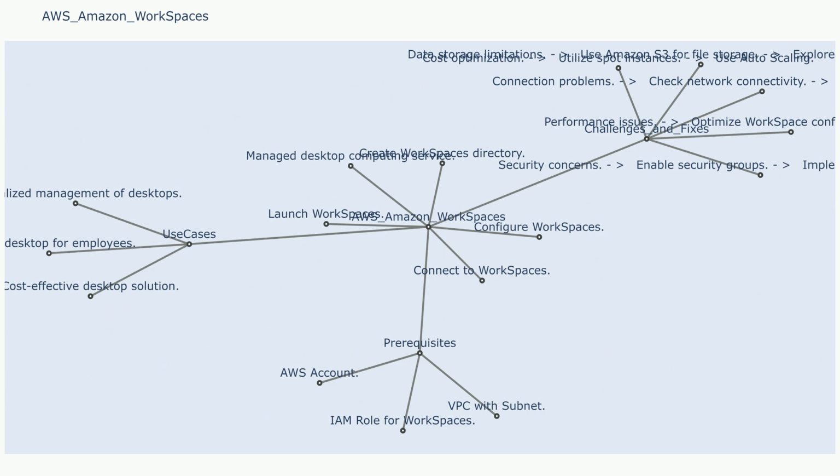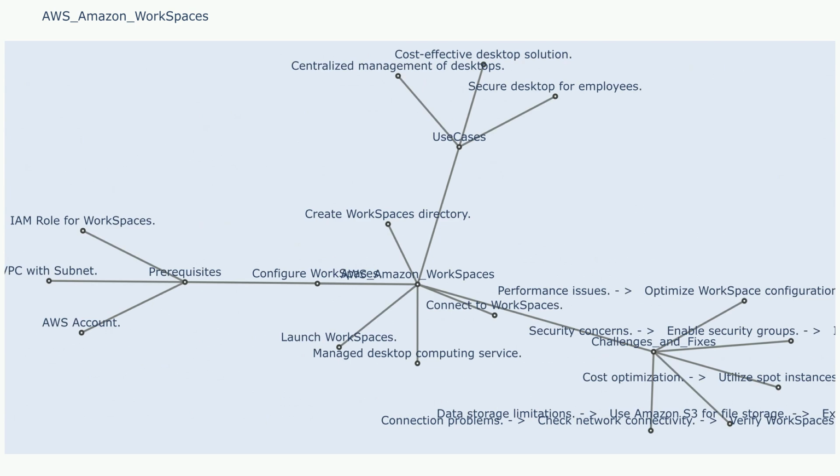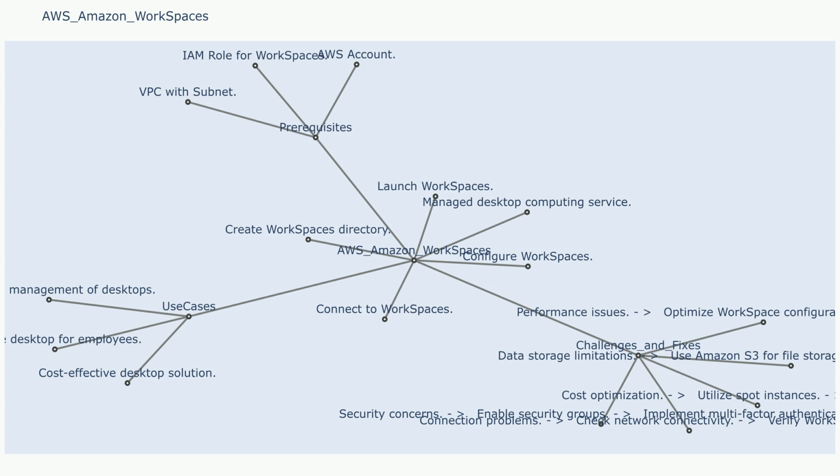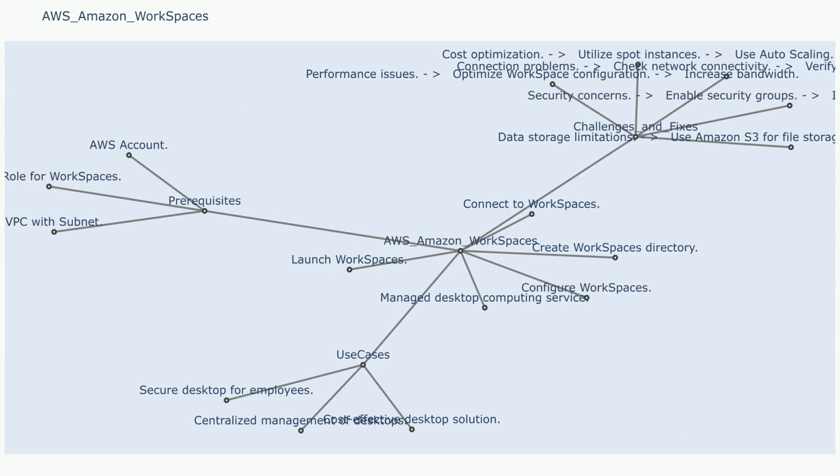Use cases: secure desktop environment. Amazon Workspaces provides a secure and isolated desktop environment for employees, protecting sensitive data and applications from potential threats. Centralized desktop management: administrators can centrally manage and control Workspaces from a single console, simplifying provisioning, updates, and security configurations.